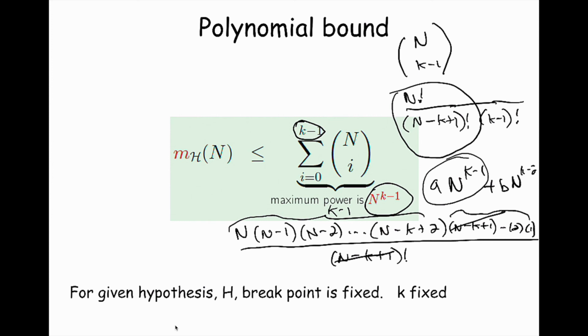And if we have a polynomial number of dichotomies, that means the expressiveness of this function, this complexity, if we replace this growth function in Hoeffding's inequality, it was 2, and then we're going to replace m_H(n), and it was e to the minus 2 epsilon squared times n, and that was the right-hand side of the union bound for Hoeffding's inequality.